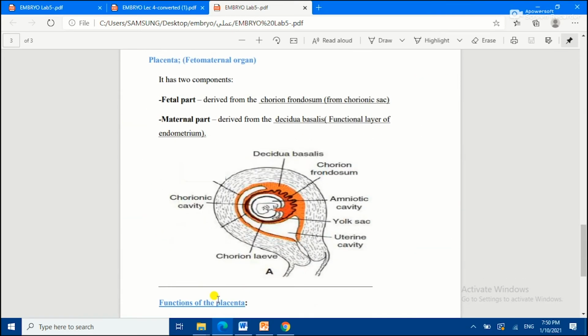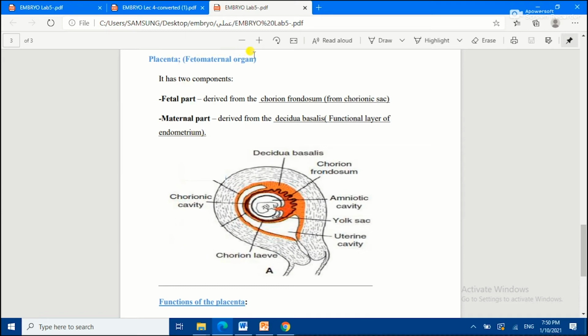So let's come to the fetal maternal organ, or we say the placenta. Okay, the placenta, at the same time we call it the fetal maternal organ. The fetal maternal organ has 2 components. The first one is the fetal part, and the second one is the maternal part. The fetal part is derived from the chorion frondosum.